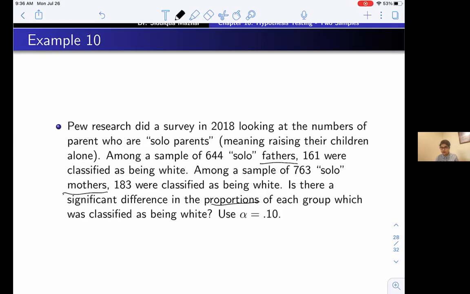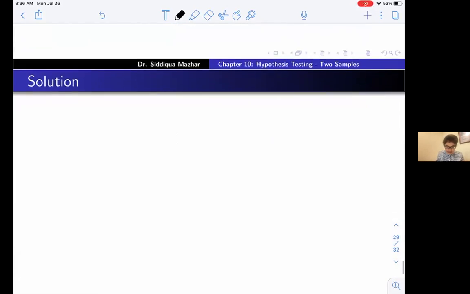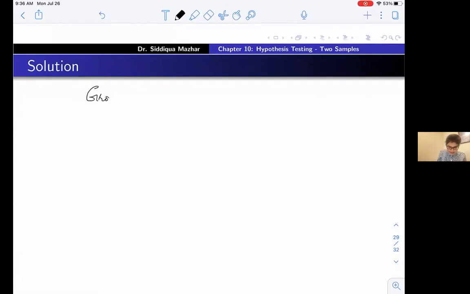So use alpha is 0.10. So what is my group 1 in this case? Group 1 is for fathers, single parent, and group 2 for mothers as single parents.